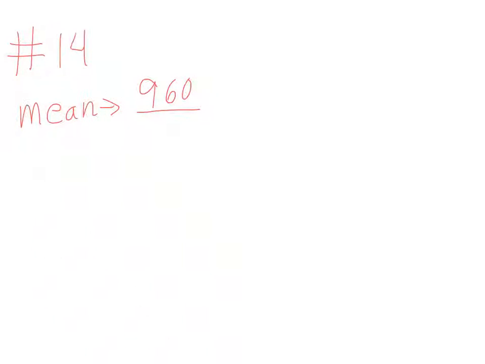Problem number 14. In number 14, they just want the mean, median, and mode. So for number 14, the mean is the average. So you just add them all up. When you add them up, it's going to be 960, divided by how many numbers?